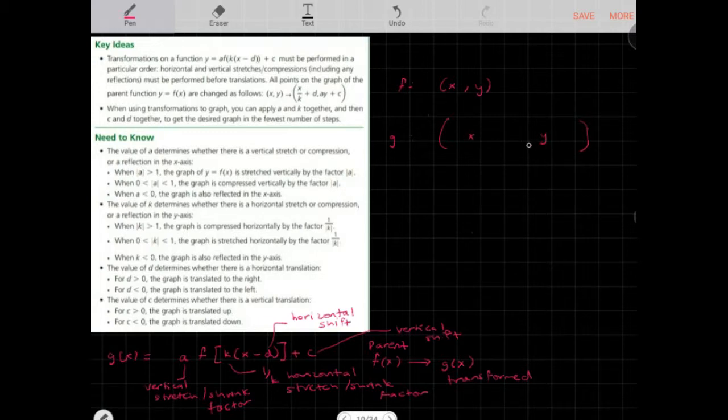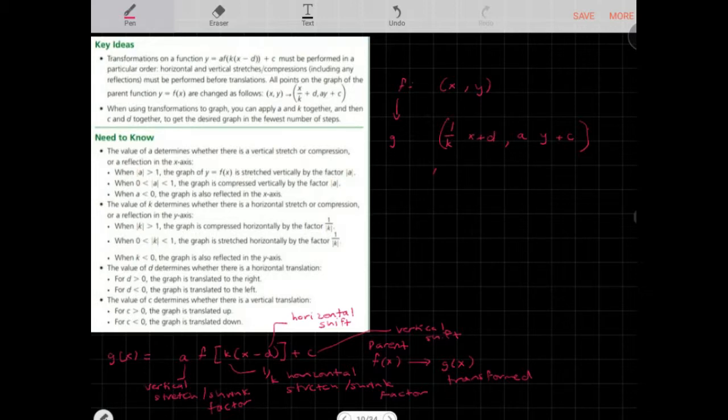Looking at the transformation of f of x into g of x, for the y values we can have a vertical stretch, so a times y, and a vertical shift, c units up or down, so I'm going to use plus c. For the horizontal values, we can have a horizontal shrink or stretch, always by a factor of 1 over k, so I'm going to write 1 over k here, and either a shift d units right or left, so I'm going to do plus d here.